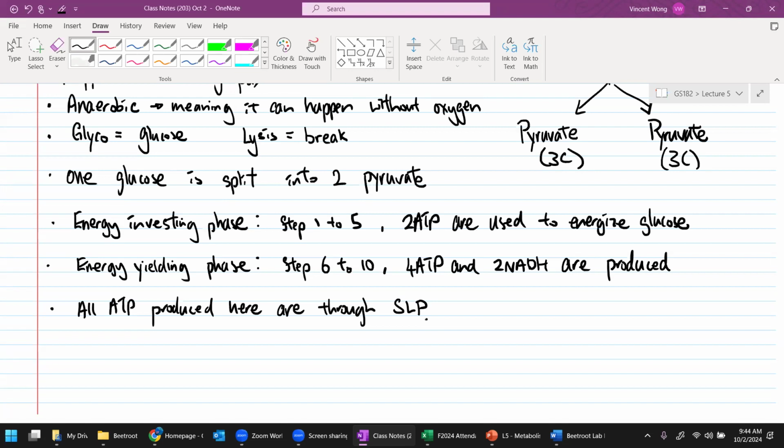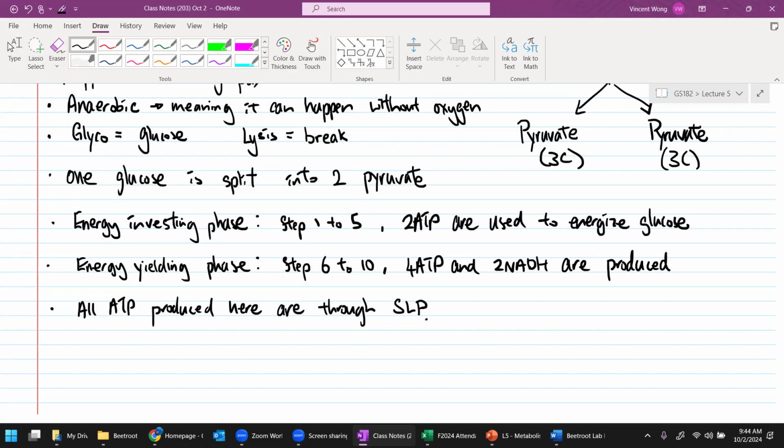So let's think about this. We invested 2 ATP and then you get 4 ATP back. So how many did you actually make? But you invested 2 though. You only make 2, right? Okay, it's like if you give me $200, I give you 400 back, you only gain 200 net, right? Right. So we say gross ATP is 4.